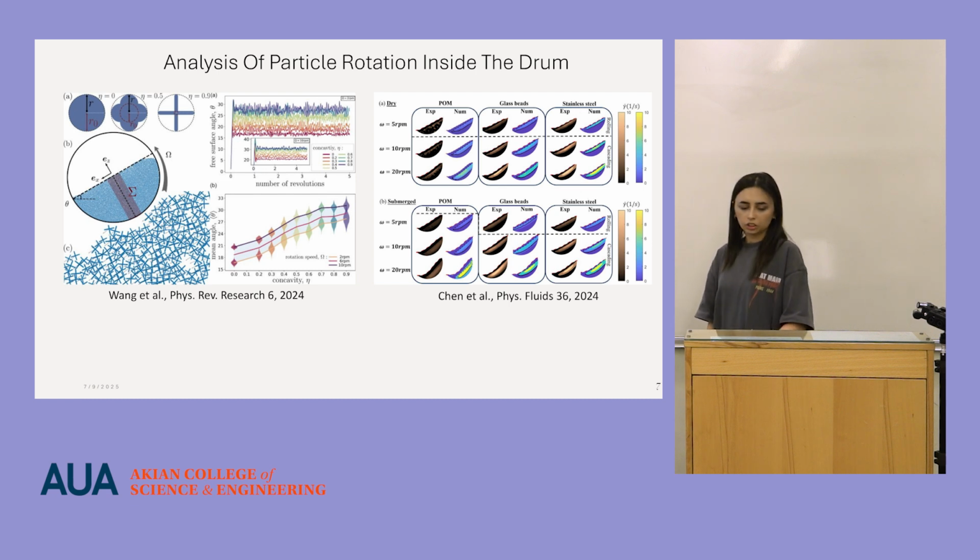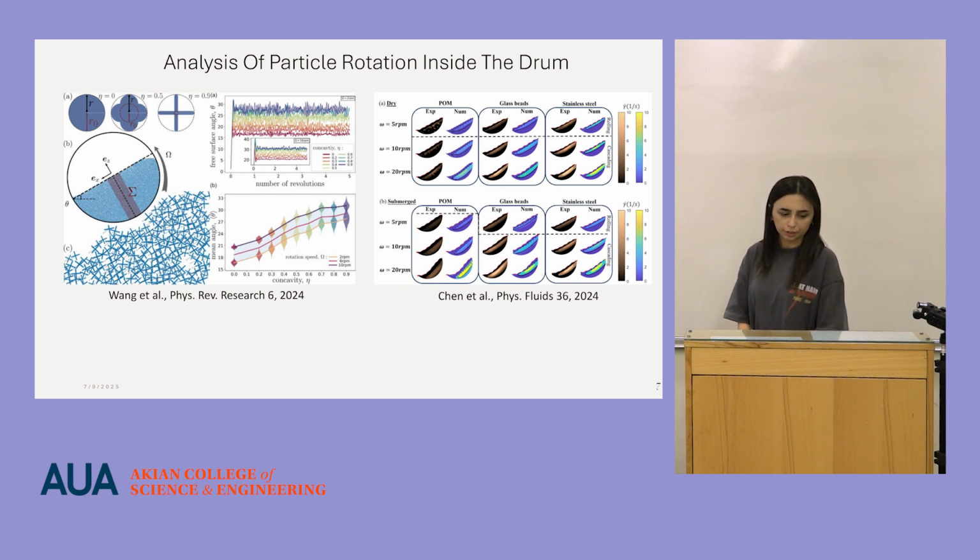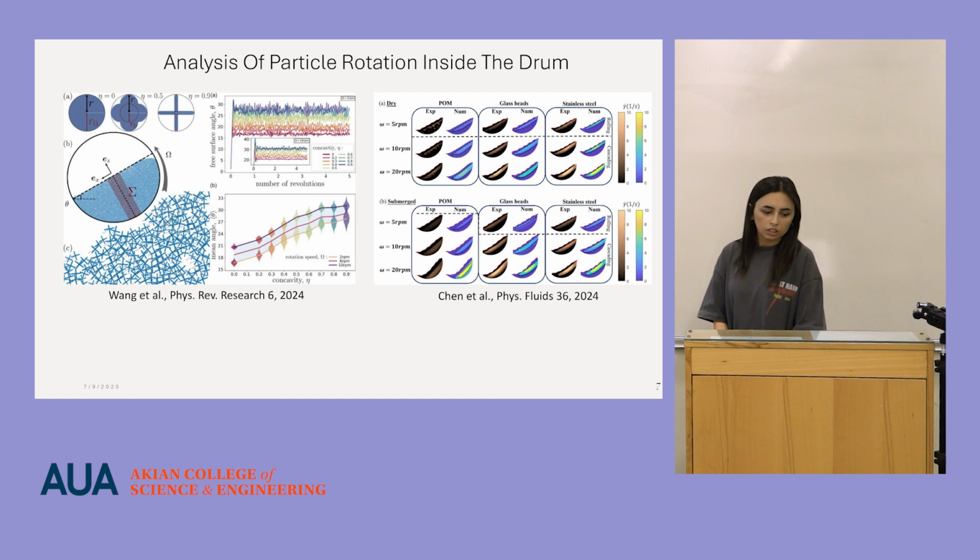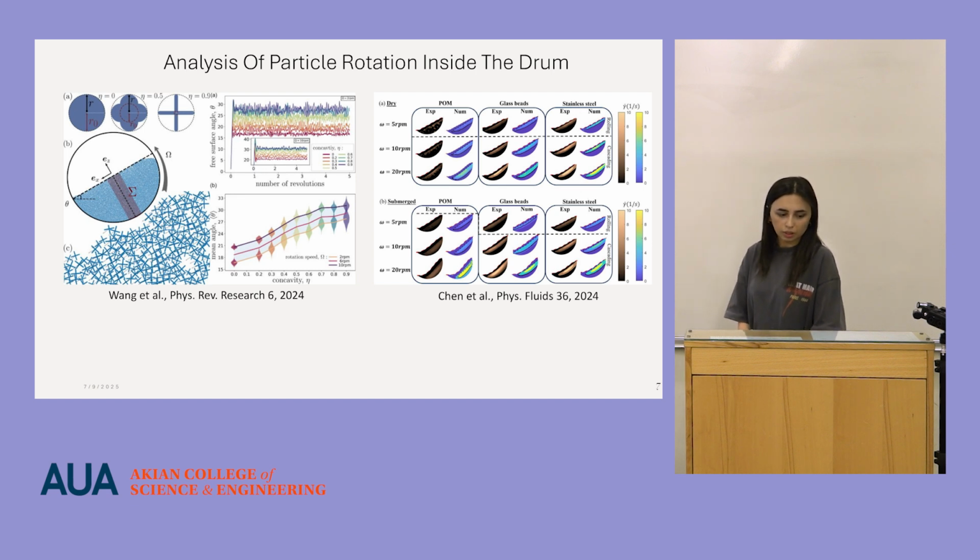In the right picture, this shows how the particles are behaving under some other circumstances and how different particles are behaving. On the picture shown on the left, you can see how different kinds of particles are demonstrated at different speeds.